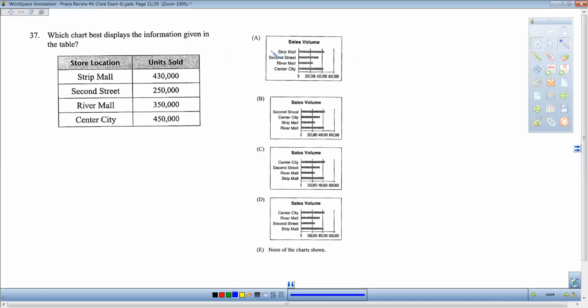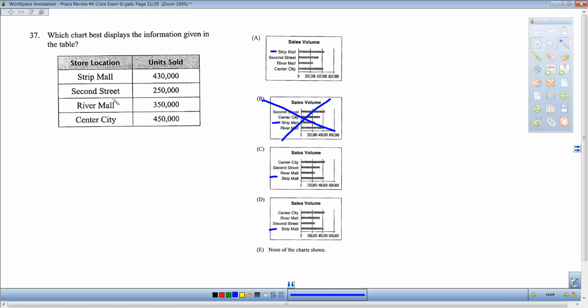So if you find strip mall on each of these, which one shows 430,000? So you're talking a little bit more than 400,000. That one looks good. Strip mall should be over here. So B is out. That one's close, and that one's close.